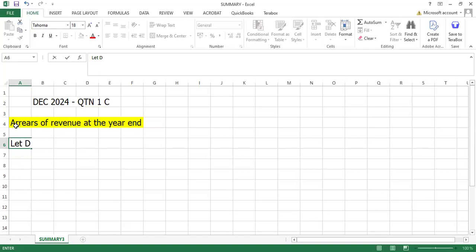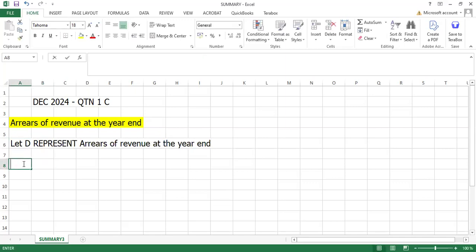So as you try to get areas of revenue, assume that D represents the areas of revenue at year end.